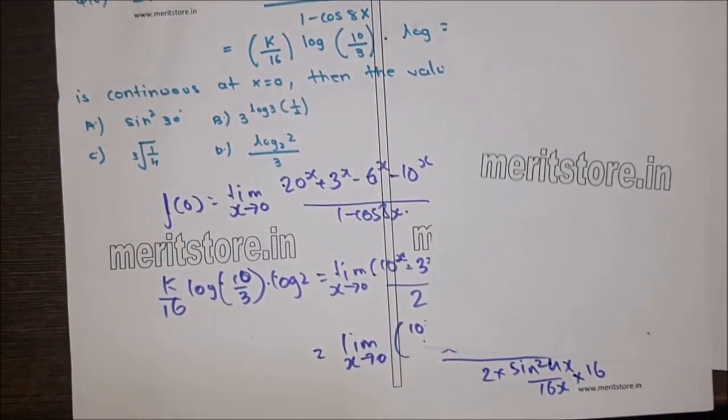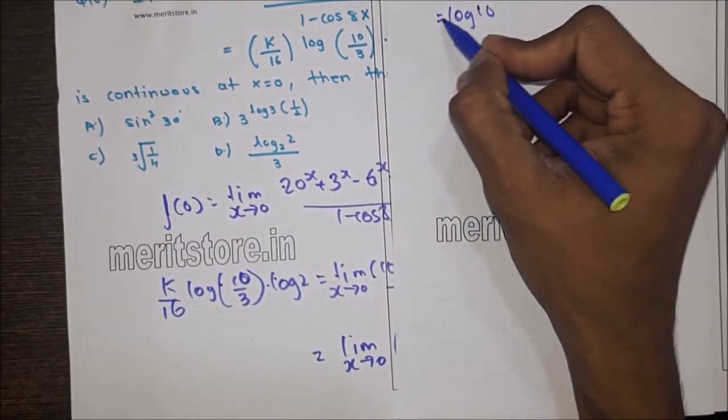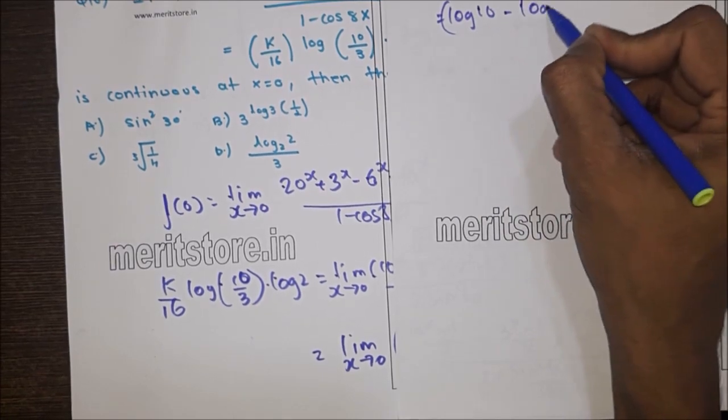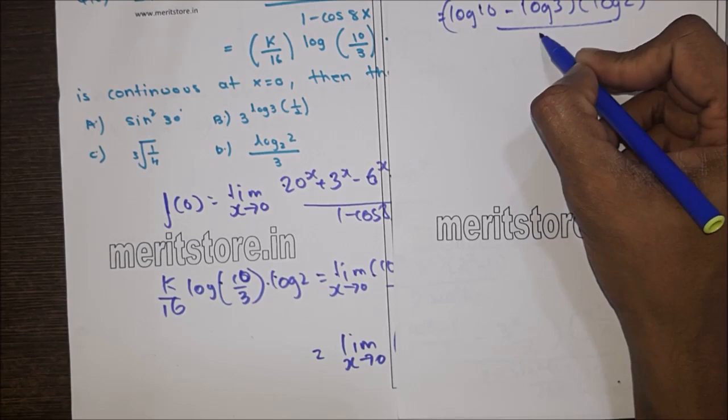Further, we can solve this as (log 10 minus log 3) into log 2 upon 32.